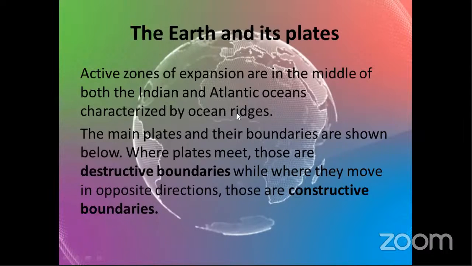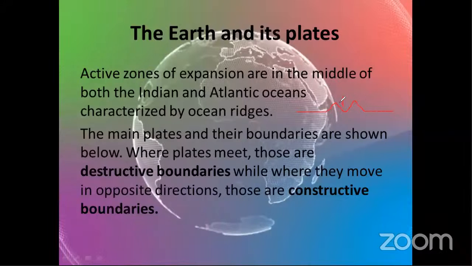More to that, we are still looking at Earth and its plates. Active zones of expansion are in the middle of both the Indian and Atlantic Oceans, characterized by ocean ridges. In situations where you have an ocean, you can find that in the middle there is a small mountain with a valley like this.